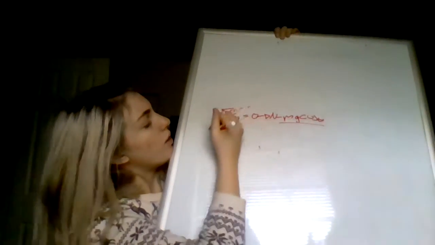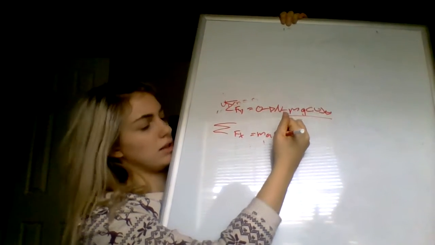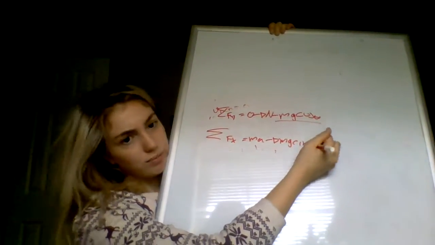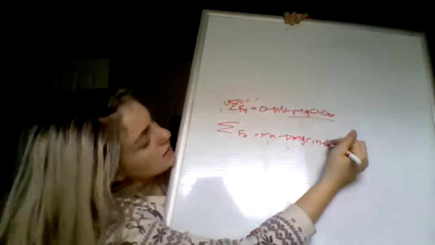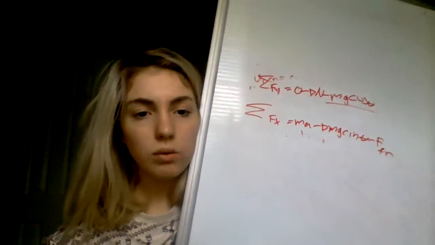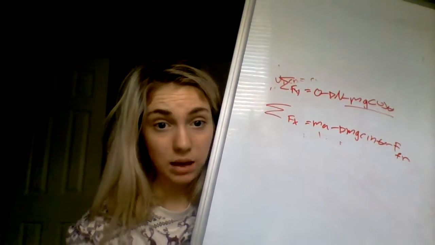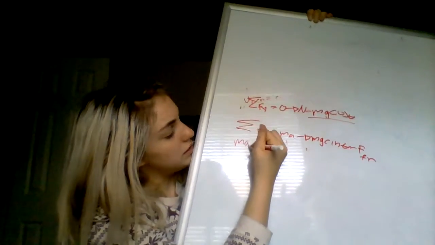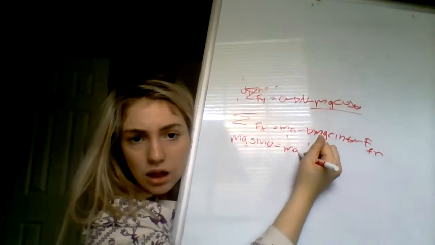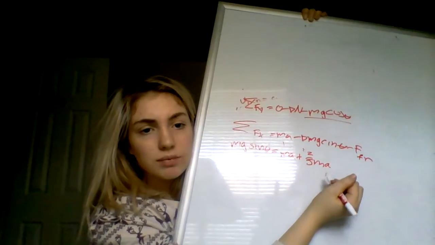And then for the x coordinate, we use mass times acceleration, which goes to mg sine theta minus the friction force from before, which can be converted into one of our equations that we know, where mg sine theta equals mass times acceleration plus 2/5 mass times acceleration.